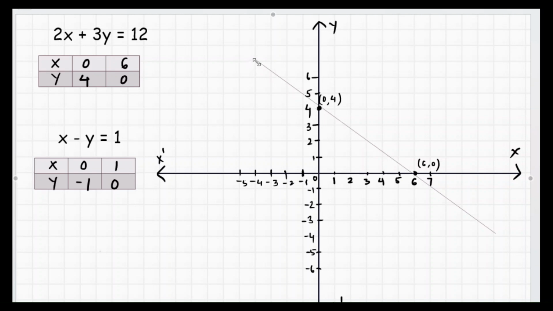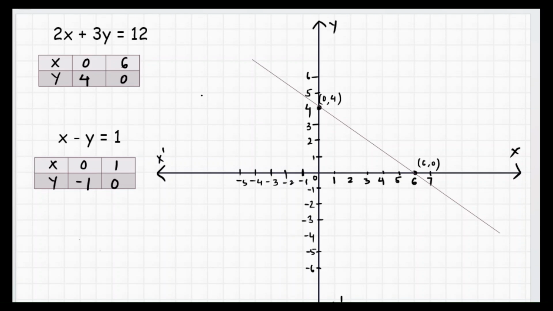Okay, over here, and this one is over here. Let's move this a little bit. Okay, all right, perfect. So this is the graph of the first equation, 2x plus 3y equals 12.